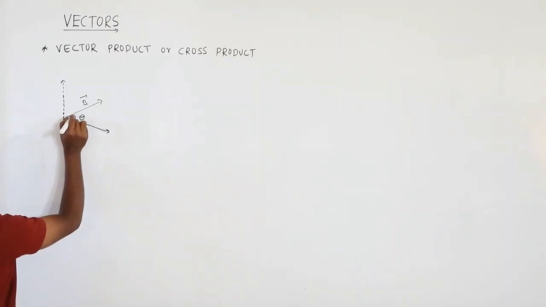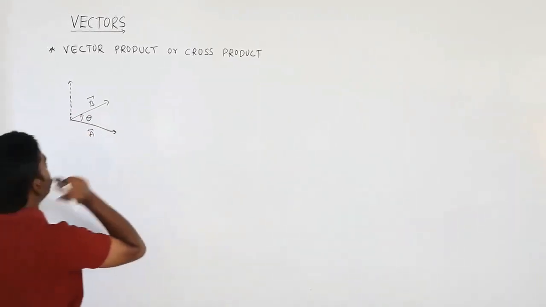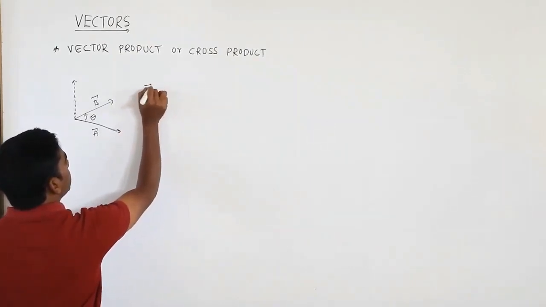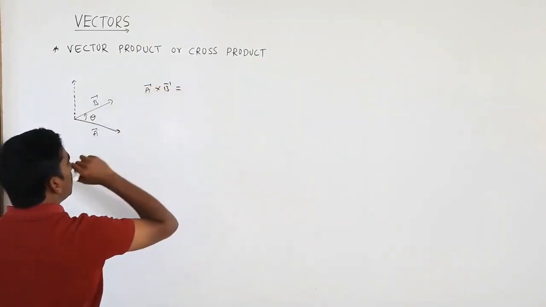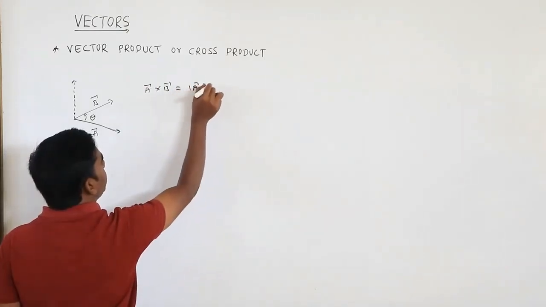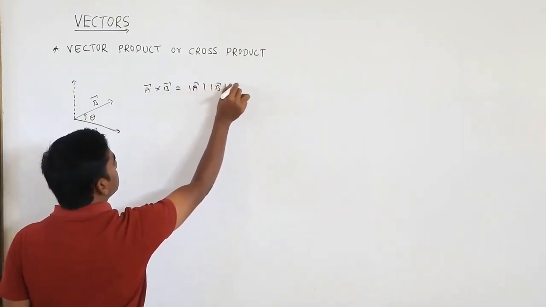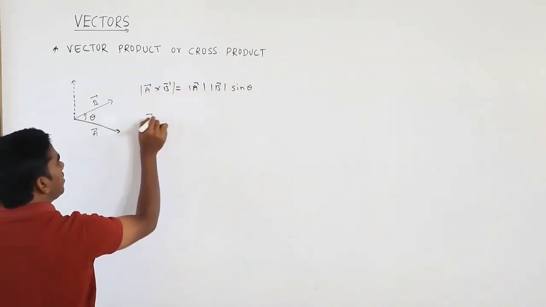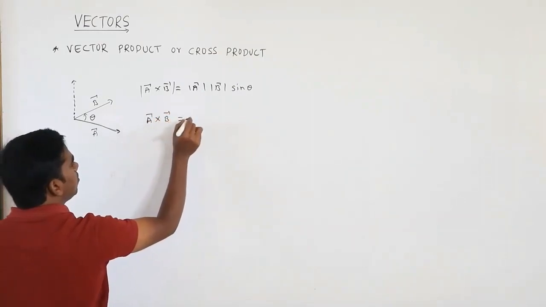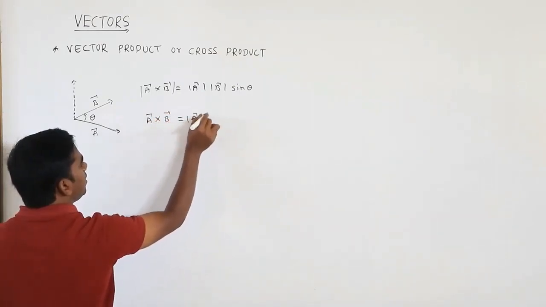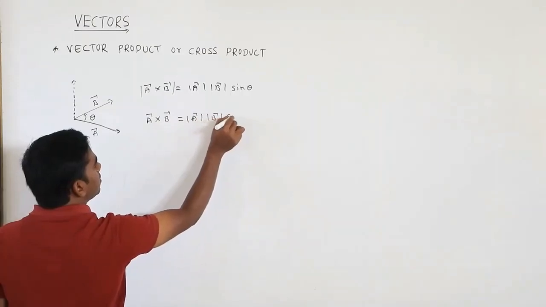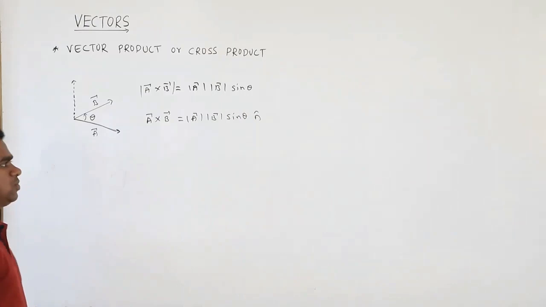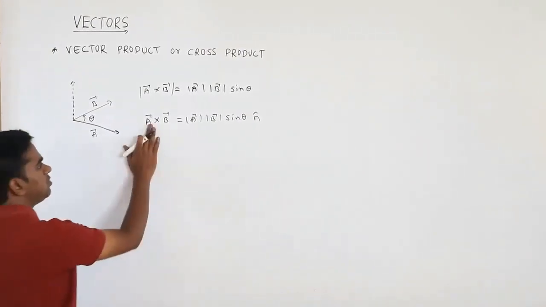That depends on whether you are moving from A to B or B to A. So vector A cross B equals magnitude of A, magnitude of B, sine of theta, n cap. The n cap is very important.